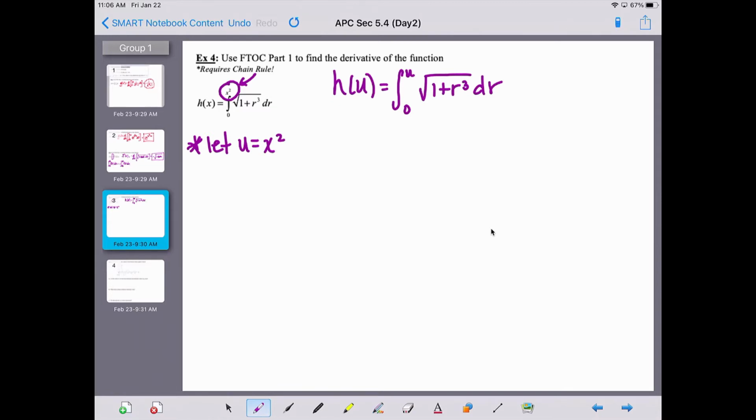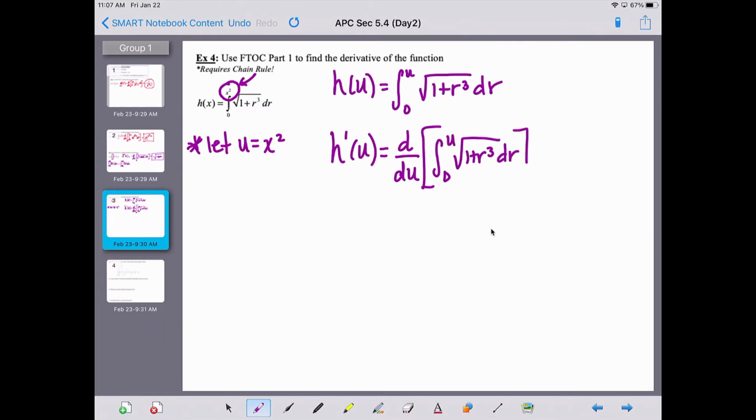Just my limits of integration. But my h prime of u now is going to be equal to the derivative with respect to u of the integral from 0 to u of the square root of 1 plus r cubed dr. But again, chain rule says we have to multiply by the derivative of u with respect to x. That is the chain rule part.